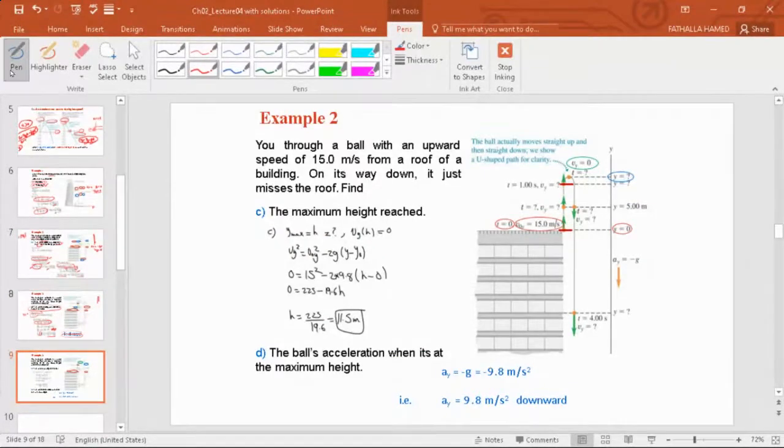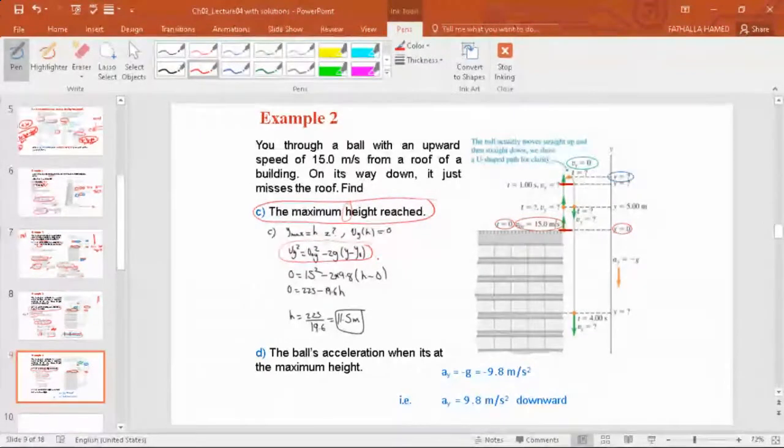Now, we're still with the same example, but in C here, they ask you about the maximum height. Usually, we're going to use H for height. So we can look at the equation that relates velocity and position, Vy squared equals V0y squared minus 2g(y minus y0).